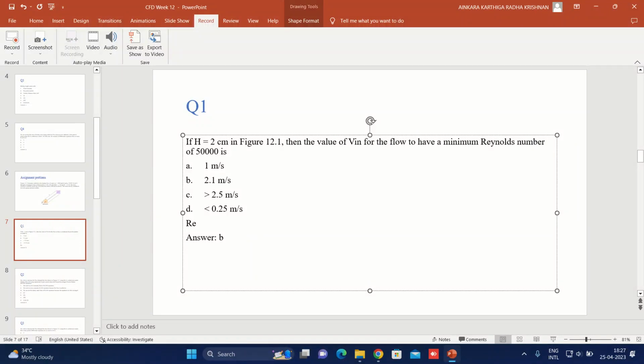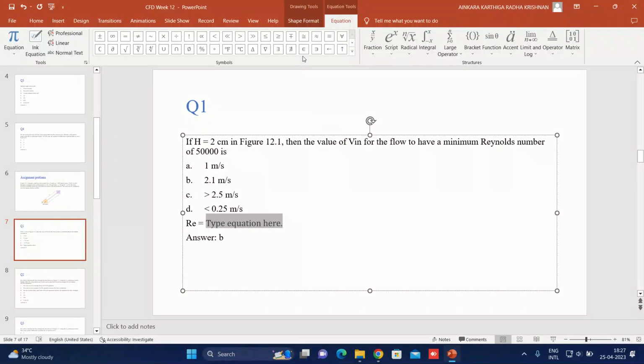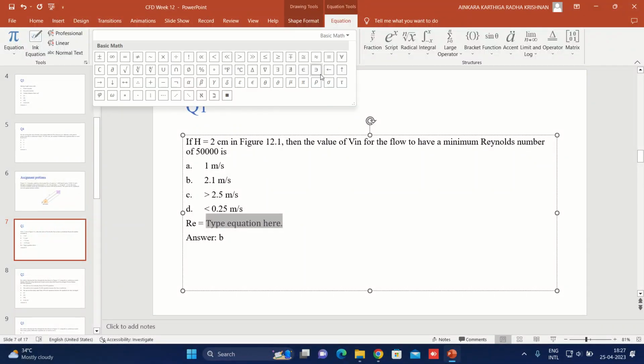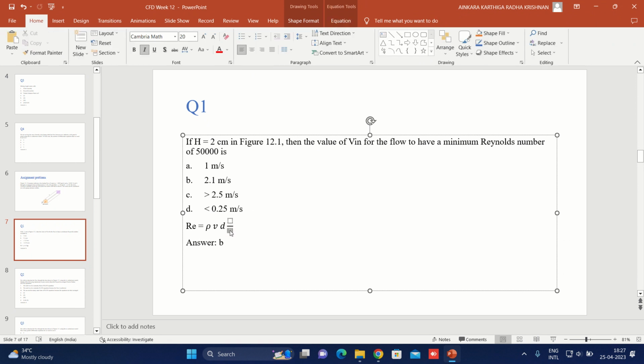Reynolds number is given by... So we know here it is a rectangular duct, so D we cannot take it normally, therefore it is an equivalent diameter.